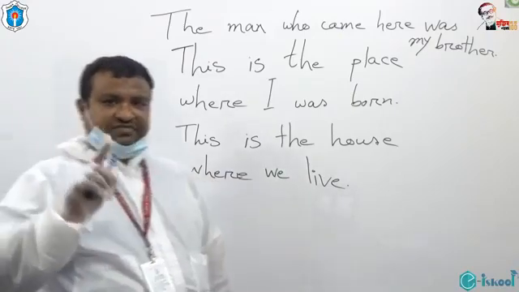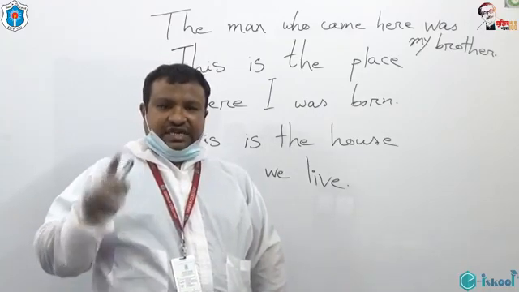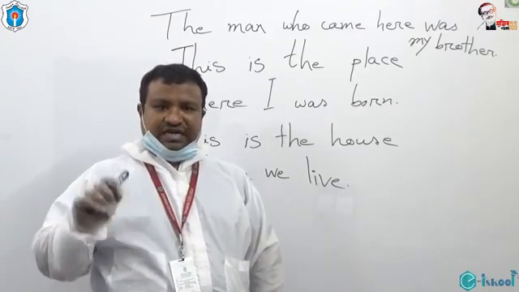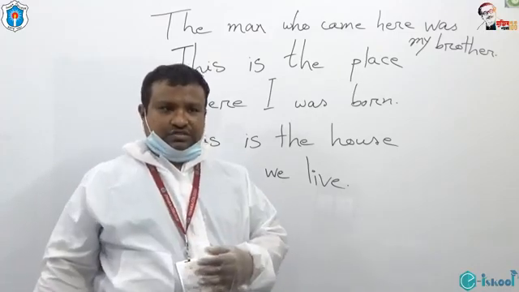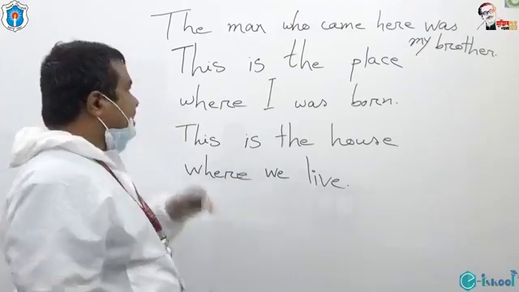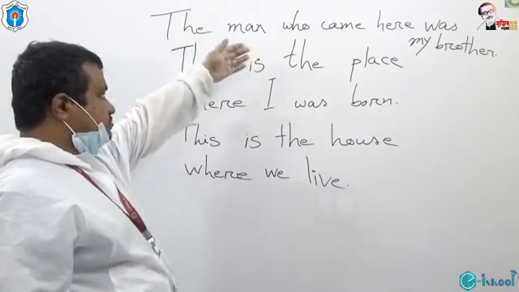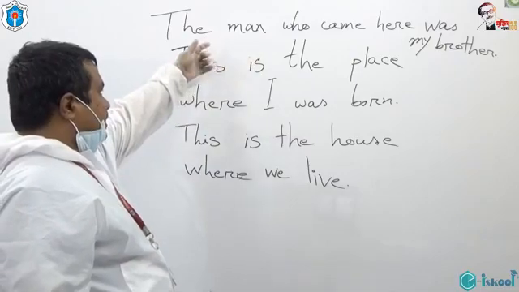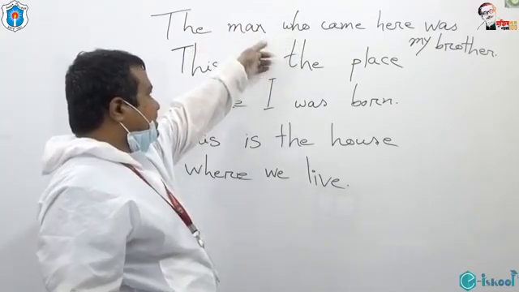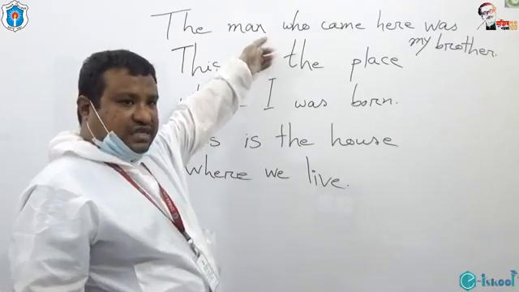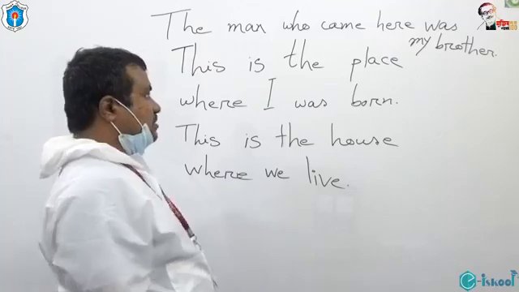So this is very important: in most cases, if the relative pronoun has been used in between the lines, then of course there will be a full clause. But here the relative pronoun has been inserted after the subject, that is, the man who came here.